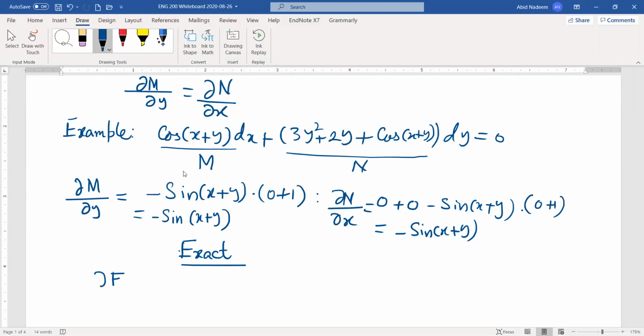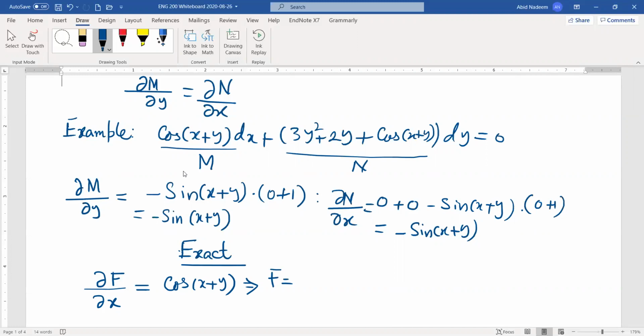The property of the solution is that the partial derivative of F with respect to x will be equal to this M function, cosine of (x plus y). So we integrate it with respect to x.